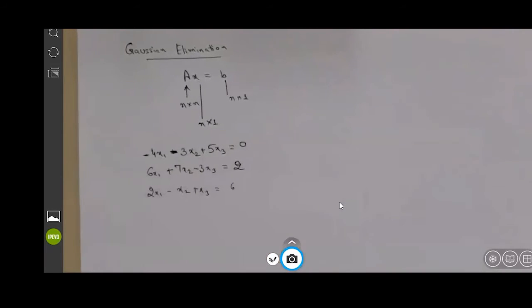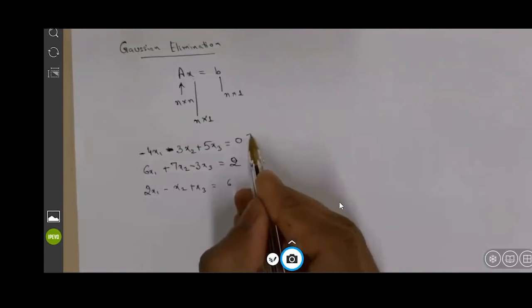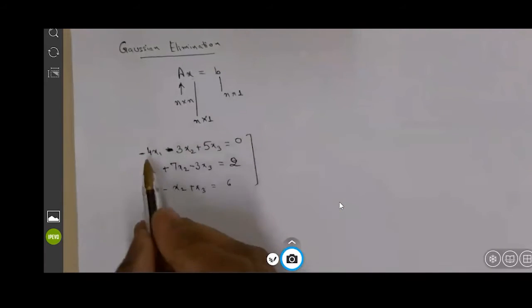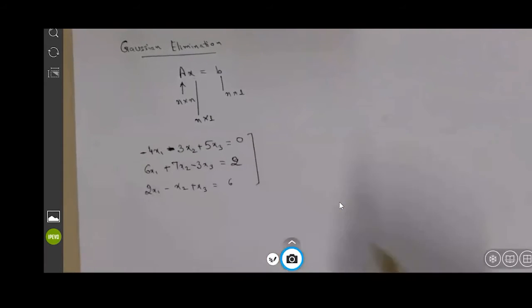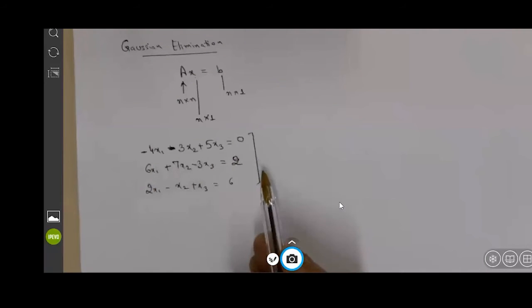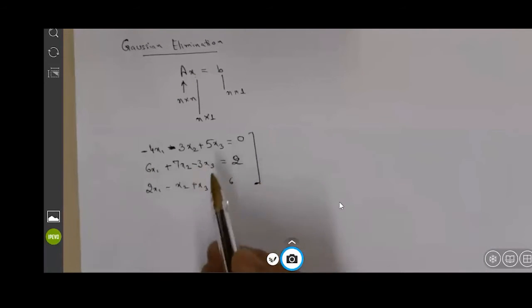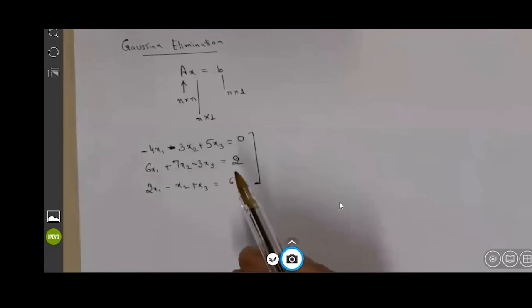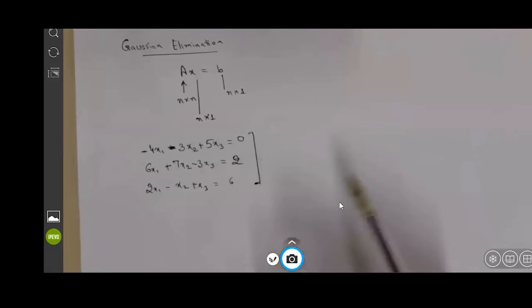It need not be this equation; it can be any system, but here it has 3 unknowns and 3 equations. How will you solve it? It need not be only 3; it can be 4, 5, or 6 variables, depending on the system you are solving.